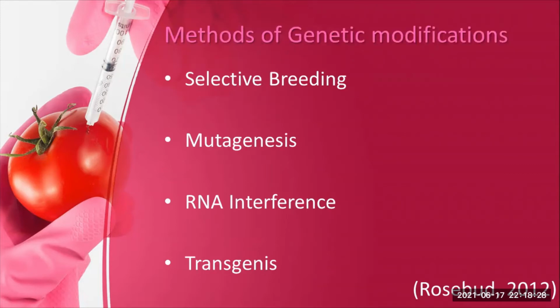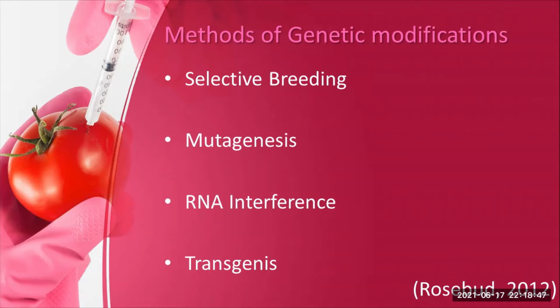Now, methods of genetic modification are selective breeding, mutagenesis, RNA interference, and transgenesis. Selective breeding, as I have explained to you, is the breeding of organisms to produce desirable characteristics.